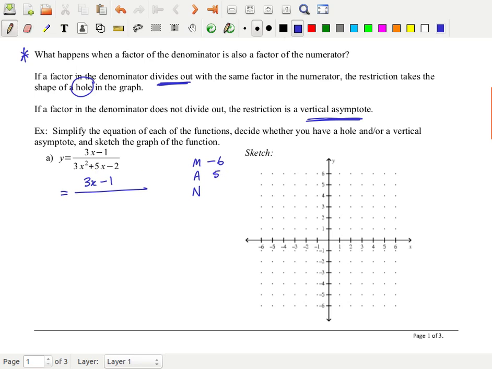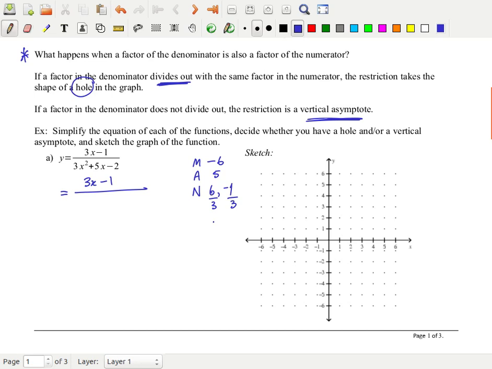What are two numbers that multiply to negative 6 and add to positive 5? That's going to be positive 6 and negative 1. And then the shortcut that we use here is we take the leading value, the a value, and we put that underneath each of my numbers.